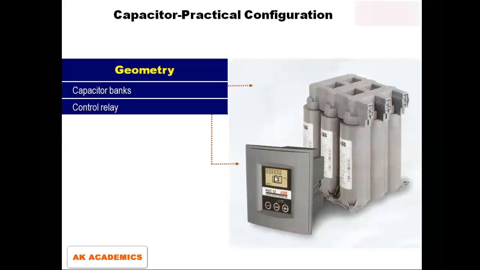A control relay acts like a switch, like an electromagnetic device. It just stops current from going in, or allows current to go in. That is why we have this relay here. So this is many capacitors put together, connected in parallel, and they store energy.